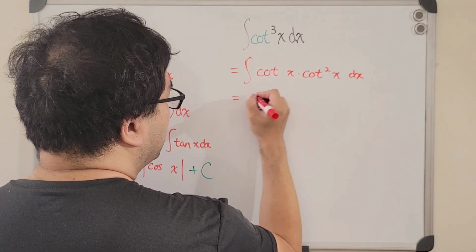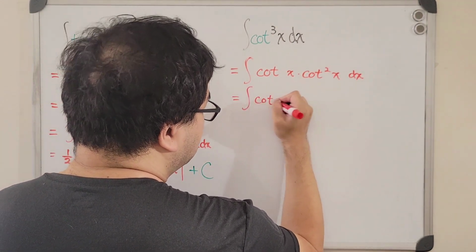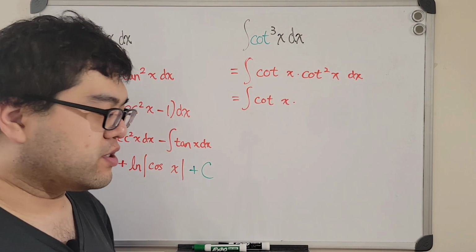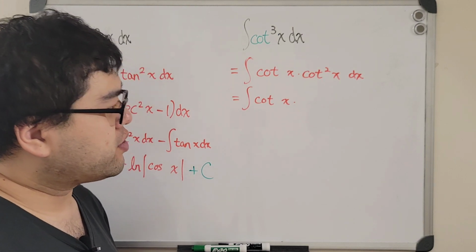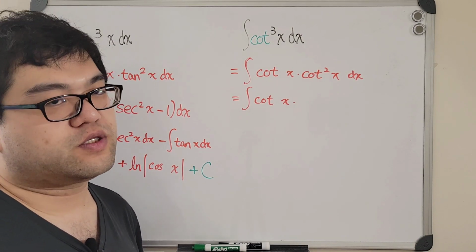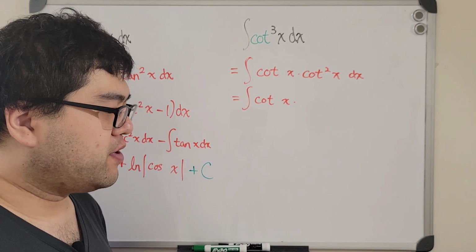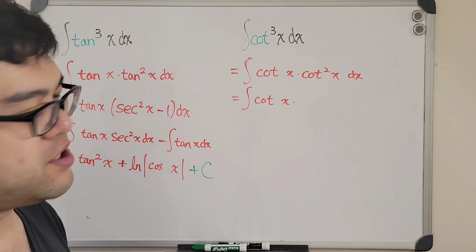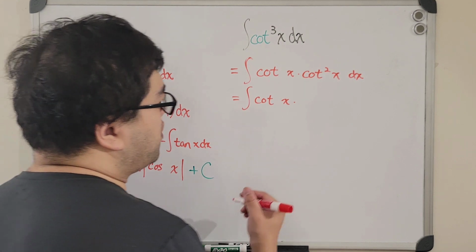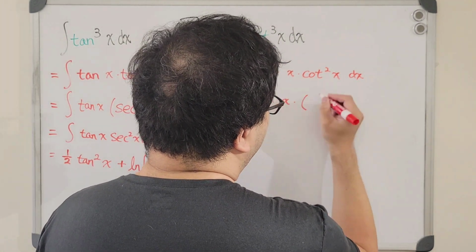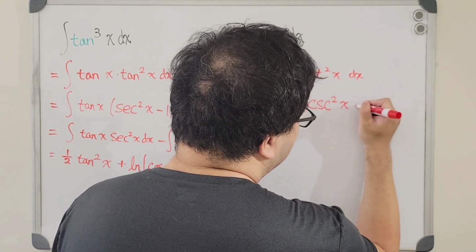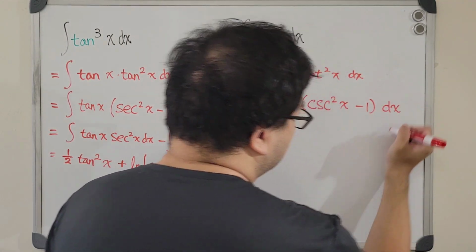Next, we're going to use the identity again. Now this time we have cotangent square. So which one do we use? We're going to match it with cosecant square. And the formula says that cosecant square is equal to 1 plus cotangent square. So we need to subtract 1 on both sides. So cotangent square is in fact equal to cosecant square minus 1. And don't forget the dx here.